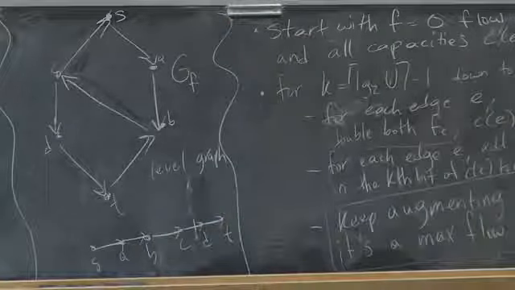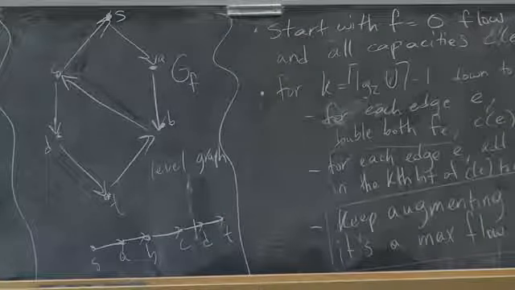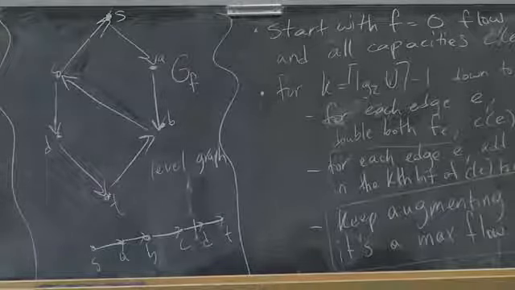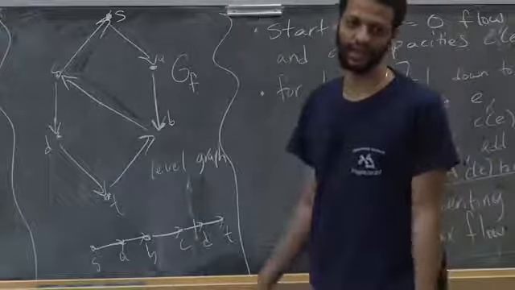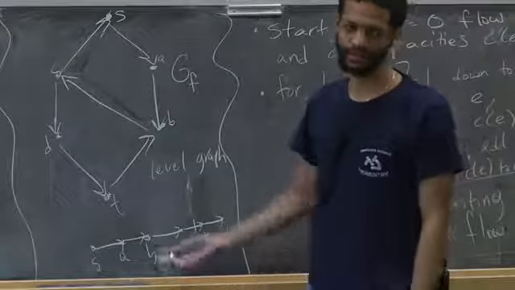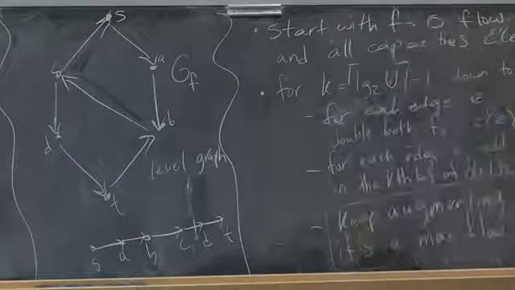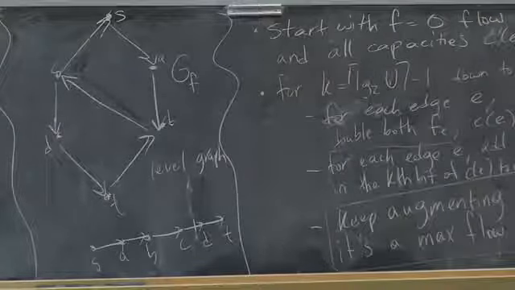That would be the level graph corresponding to that blocking flow. And then there's only one augmenting path here anyway, so you would just find it. All right. Questions?